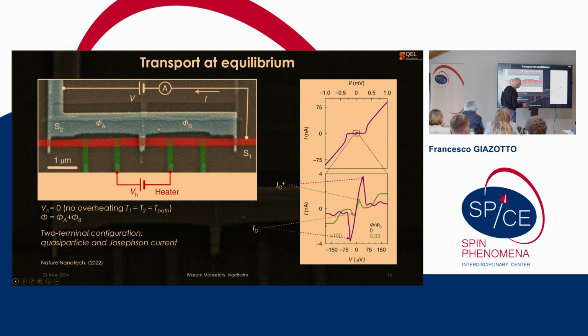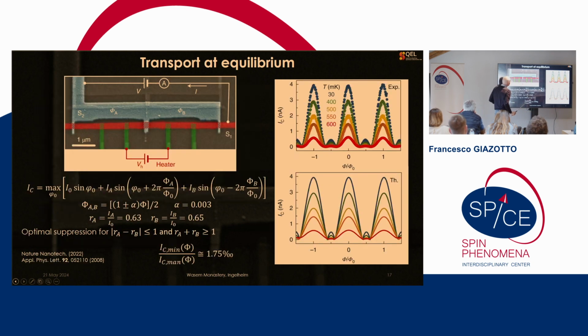You see I_C plus, the supercurrent, is the positive switching current, and there is the negative switching current. Then for a different flux you see there is a multiplication by 100, so there is a strong suppression thanks to this suitable geometry of the SQUID. So this is what happens in equilibrium. And what happens for the Josephson coupling?